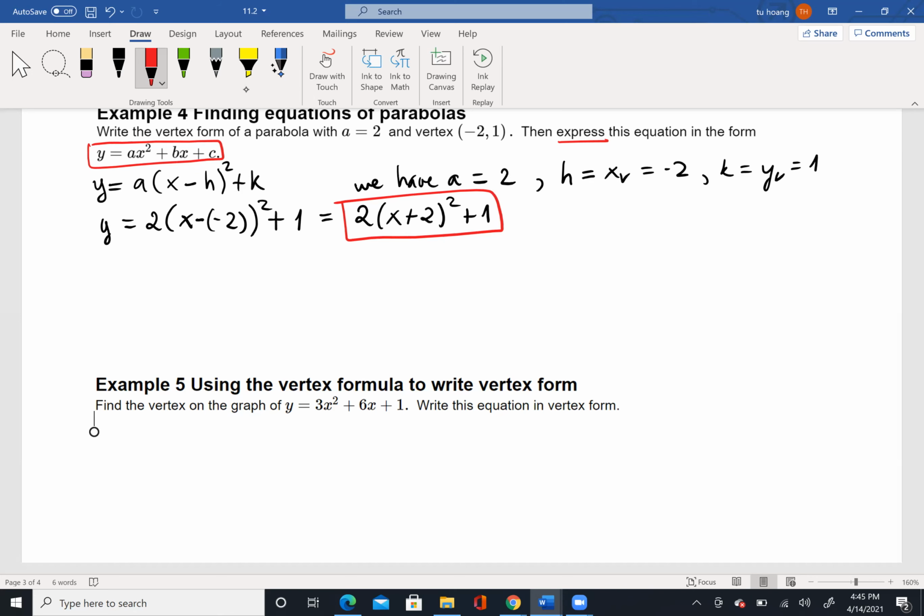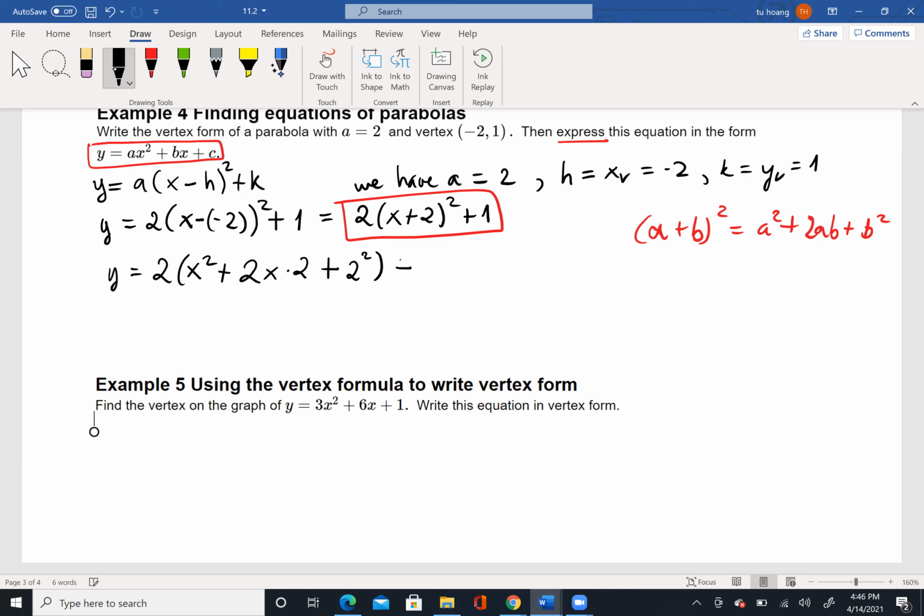If you still remember the formula (a plus b) squared equal to a squared plus 2ab plus b squared. Okay, then you can convert y equal to 2(x plus 2) squared to become x squared plus 2ab, so 2 times x times 2, right? And then plus b squared, which is 2 squared, and then plus 1.